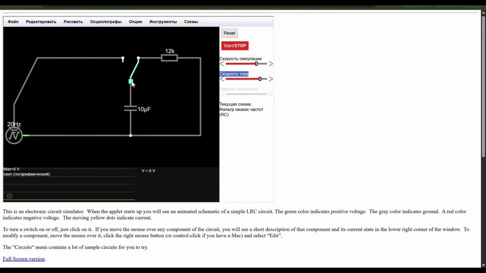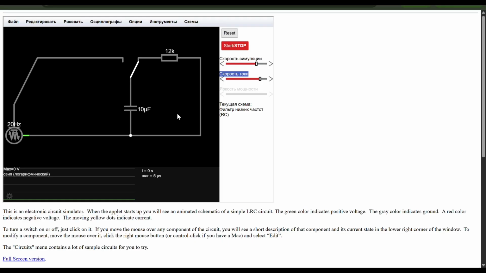When I switch this, our source will be the capacitor, but the capacitor stores charges, it's not infinite.